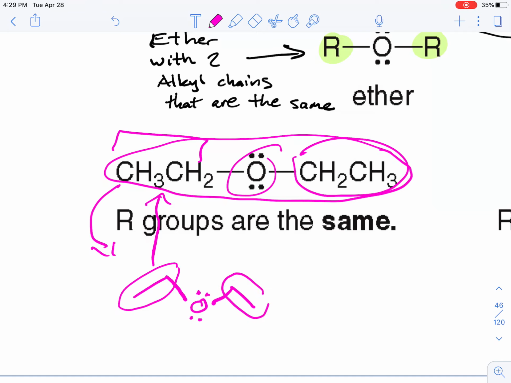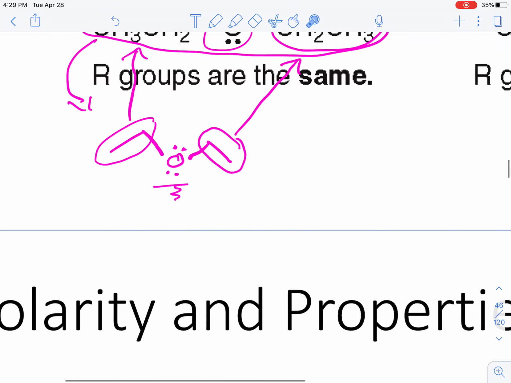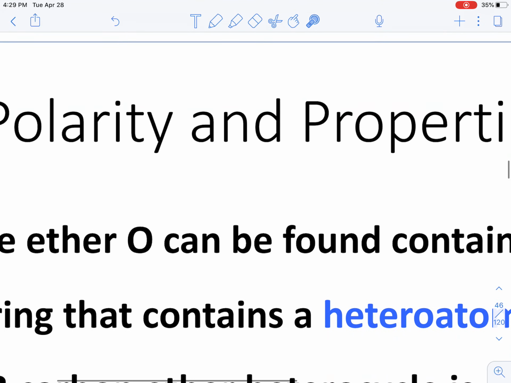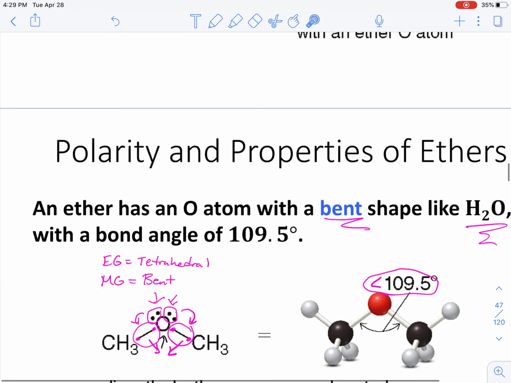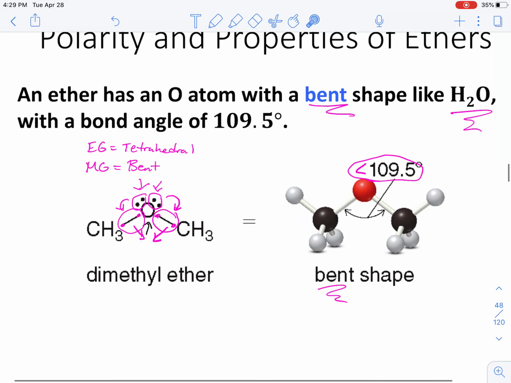Here we have another ethyl group that's found on the right. And right in the middle is this oxygen. Okay? And so the electron geometry and the molecular geometry is suggesting that we have to depict the skeletal structure of ethers in a very specific manner.